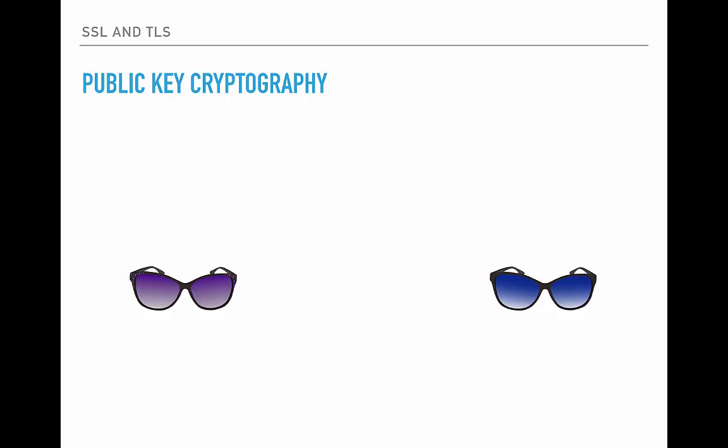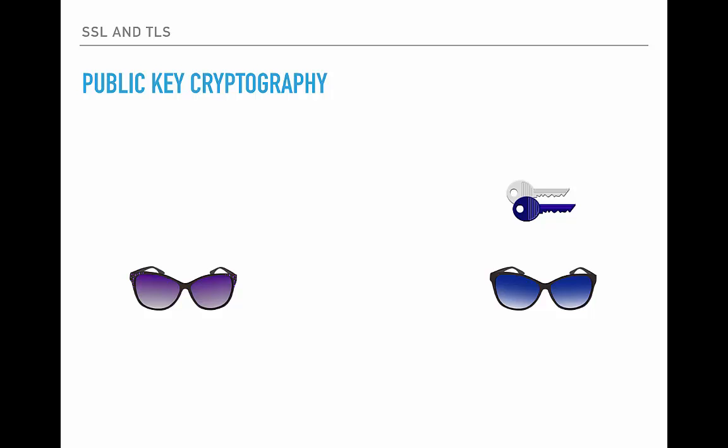In public key cryptography, one of the parties generates a pair of keys. Each of these keys can decrypt a message that has been encrypted by the other key. You see two keys here. So the silver key can decrypt messages that were encrypted by the blue key, and the blue key can decrypt messages that were encrypted by the silver key.